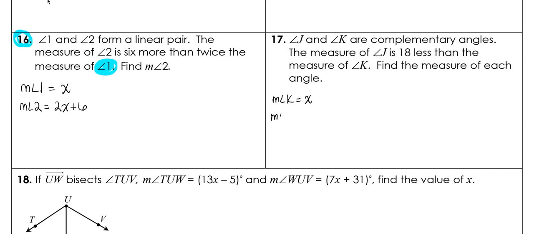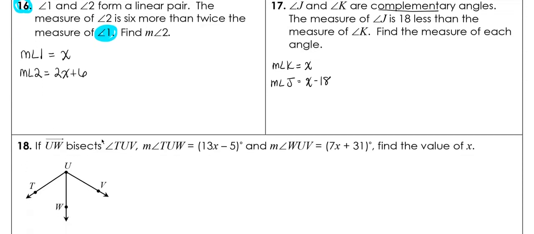And then the measure of angle J is 18 less than the measure of angle K. And when something is 18 less, you don't do 18 minus whatever you have. No, you take whatever you have and you subtract 18 from it. So x minus 18. They're complementary, so they add up to a right angle. So add those together, set them equal to 90, and then solve. And you can check the key when you're done.